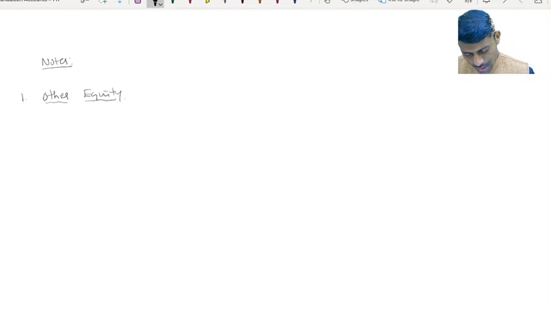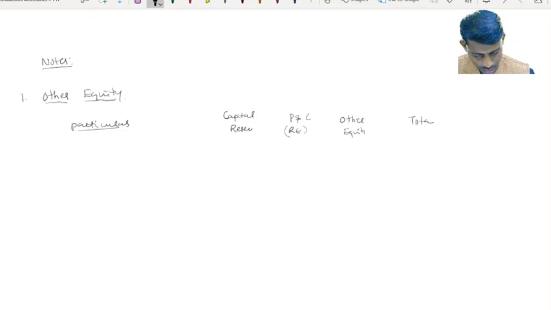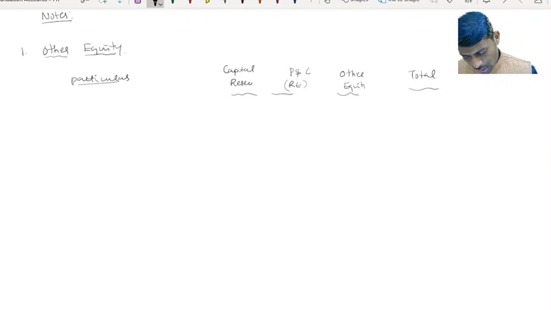First is, if any, capital reserve. Particulars, capital reserve, P and L, or you can call retained earnings, other equity, total. Here you can write one by one, or you can directly copy.